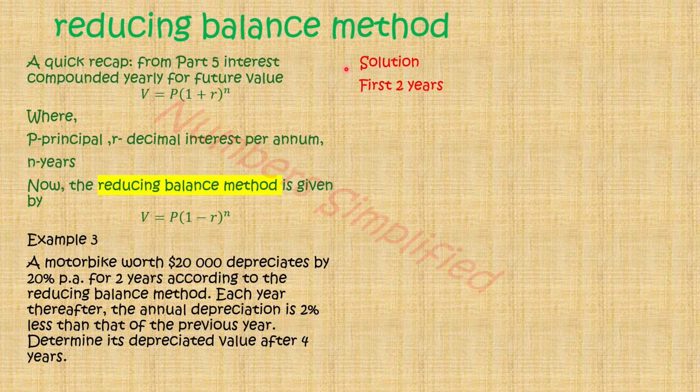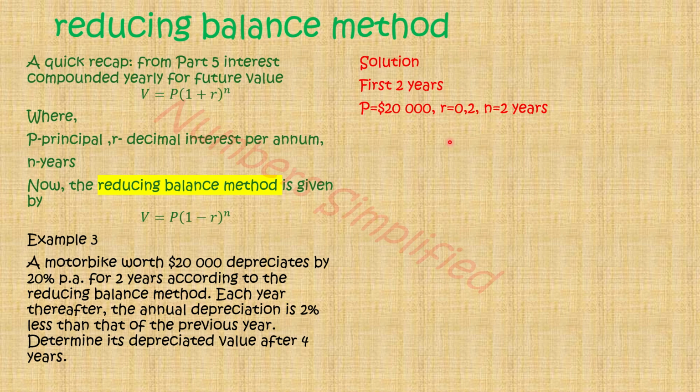The solution. So, for the first 2 years, we know that the principal or the present value is 20,000 of this motorbike, and the interest rate in terms of its decimal value will be 0.2 from the 20%. And the number of years is 2 years.